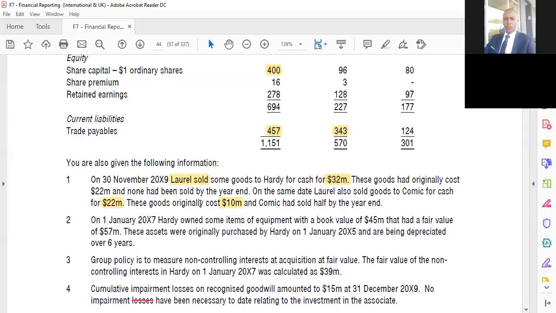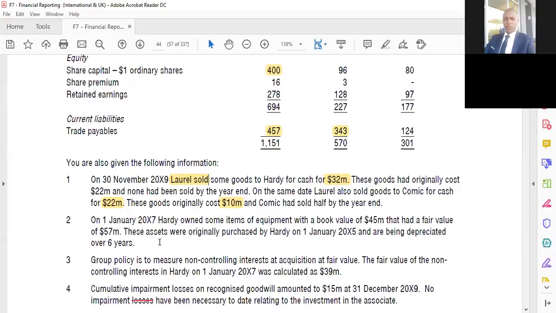Are you seeing? Do not. What you're going to do is simply debit group retained earnings to reduce it, to show that the parent should not recognize that profit from the subsidiary. And then also reduce what? The group inventory. It's important to remember that.